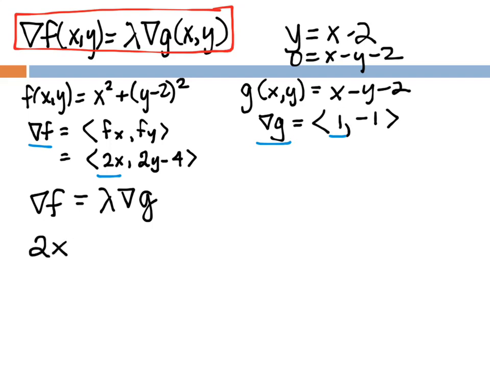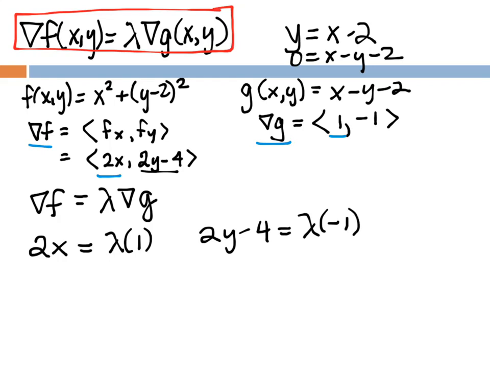My 2x is the x component, and that equals lambda times 1. The second component of the gradient of f is 2y minus 4, and that equals lambda times the second component of the gradient of g, which is -1.